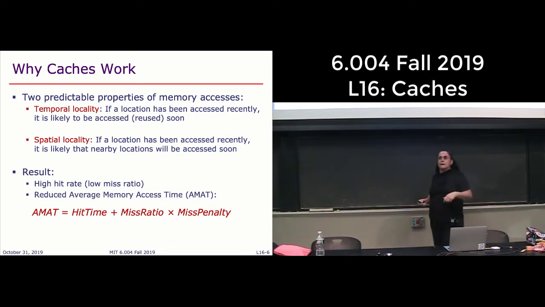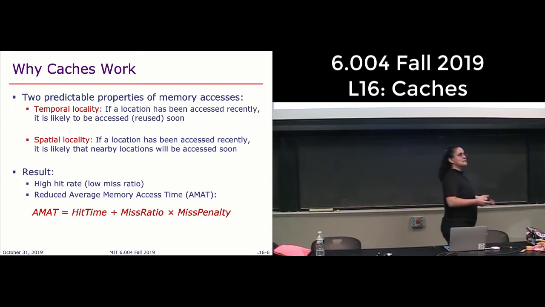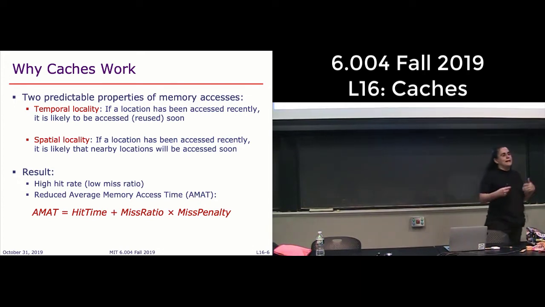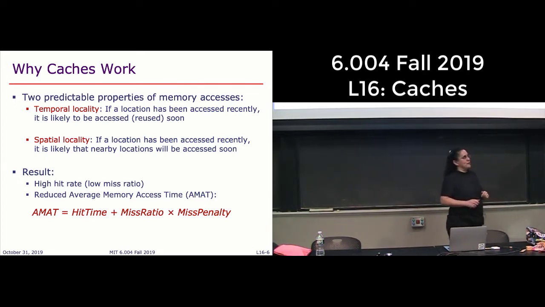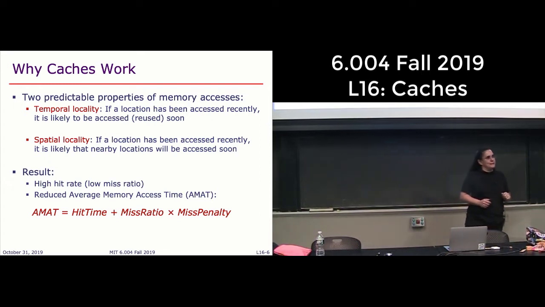And so I have to pay what's called a miss penalty, which is the amount of time it then takes me to fetch from main memory after I check the cache. So on a miss, I'm paying both the hit time and the miss penalty, whereas on a hit, I only pay for the hit time.